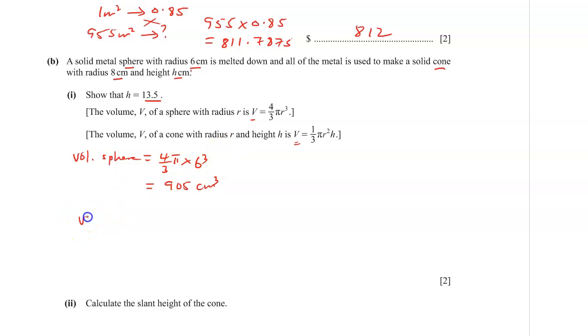So volume of cone is equal to 905, and the formula is a third pi times the radius of the cone, which you're given here as 8, squared, times h. So you work this out and you find that h is equal to 13.5 centimeters. What we are supposed to show here is that h is 13.5.